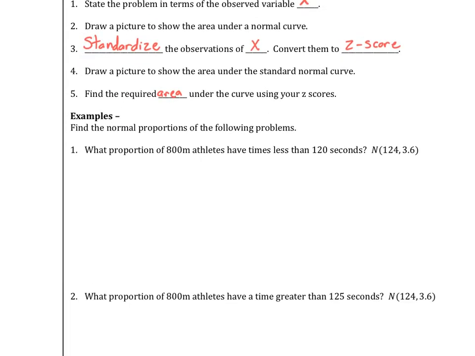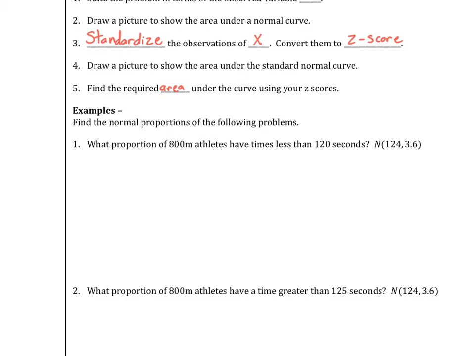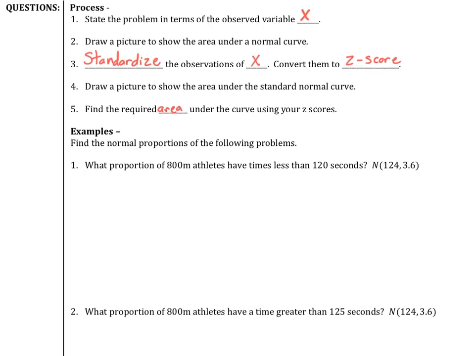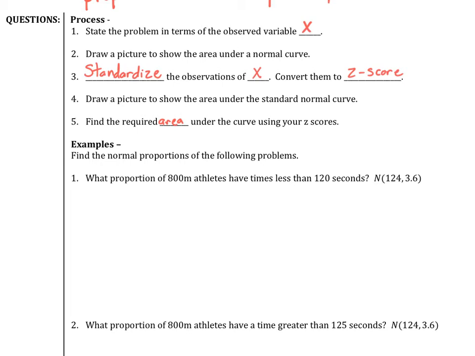So if you look at example 1, it says find the normal proportions of the following problems. So step 1, if you look above, is state the problem in terms of the observed variable x. So our step 1 is going to be x equals, and we have to figure out what this is in terms of the problem. Our problem says, what proportion of 800-meter athletes have times less than 120 seconds, if we're given the normal curve with a mean and standard deviation of 124 and 3.6.